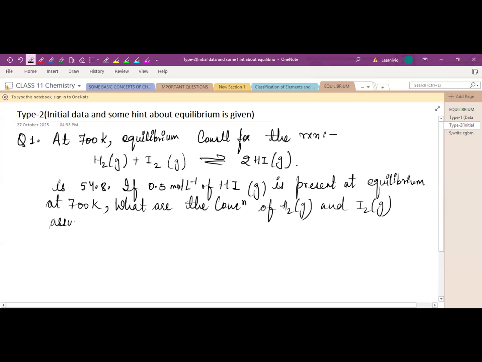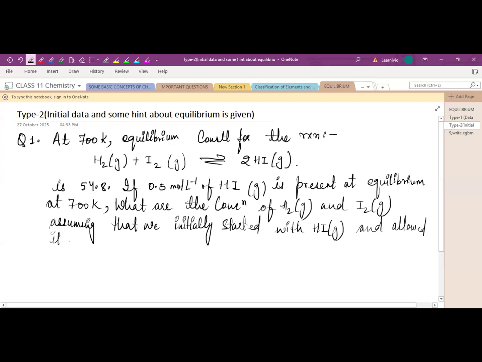Assuming that we initially started with HI and allowed it to reach equilibrium at 700 Kelvin.